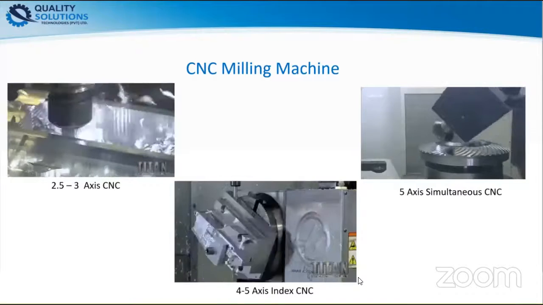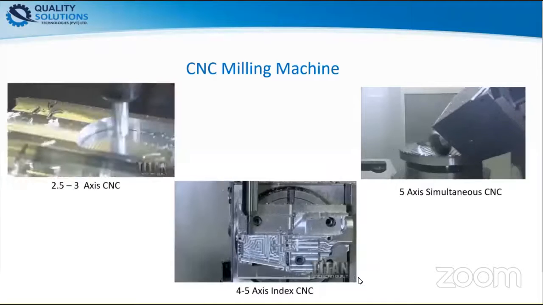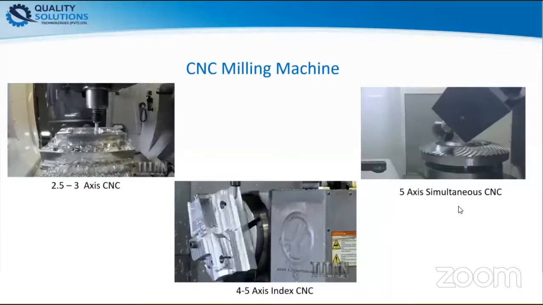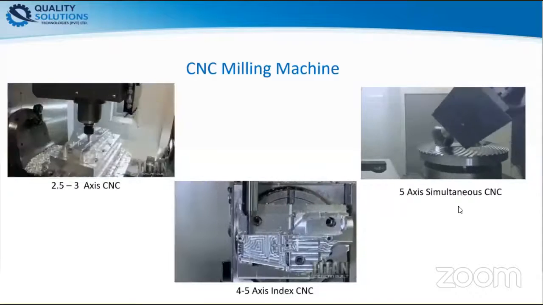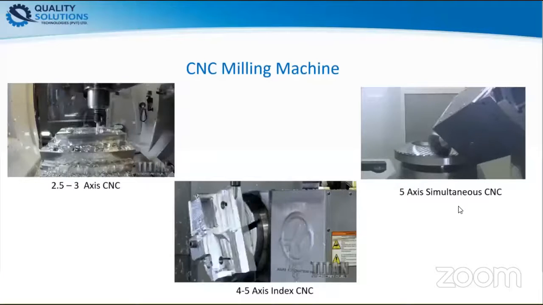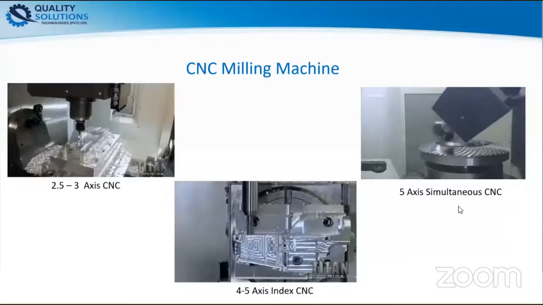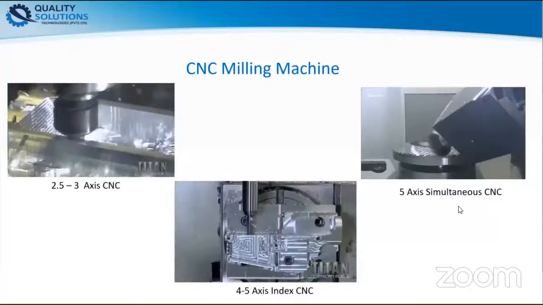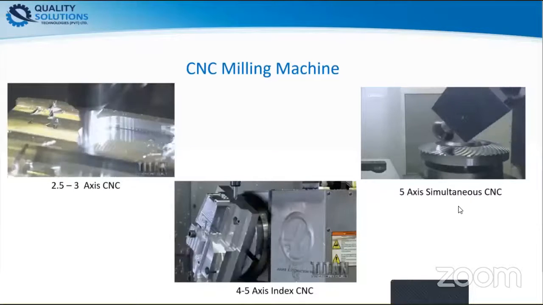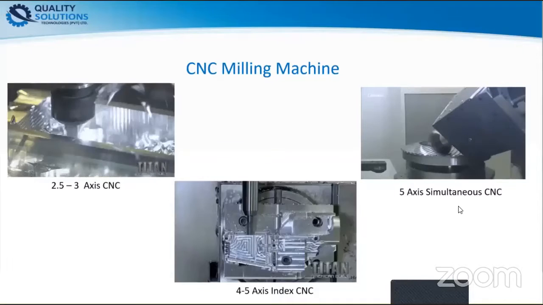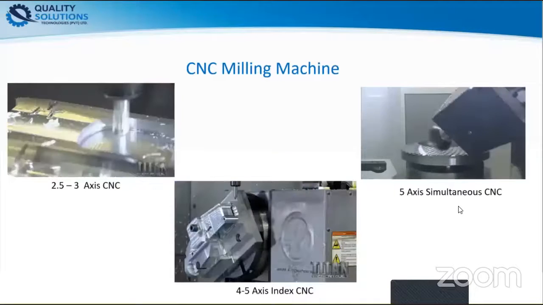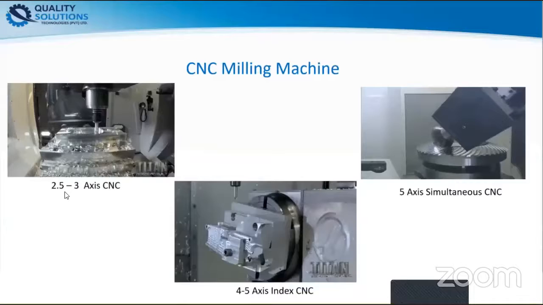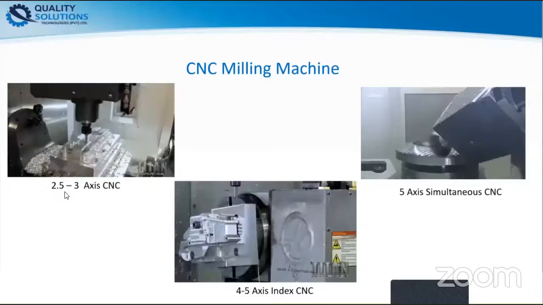The same goes for the 5th axis. The highest end of CNC machines are 5-axis CNC machines, which remove material in 5 axes simultaneously. We will hopefully cover these machines in upcoming webinars. For this webinar, we are constrained to 2.5-axis machines.